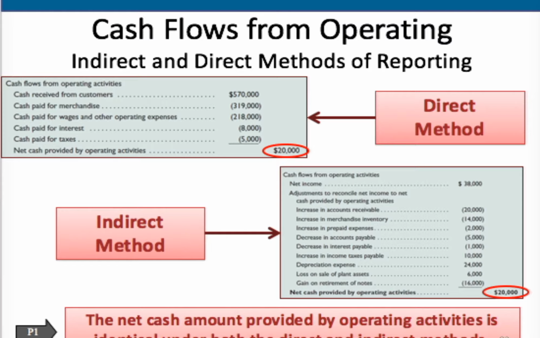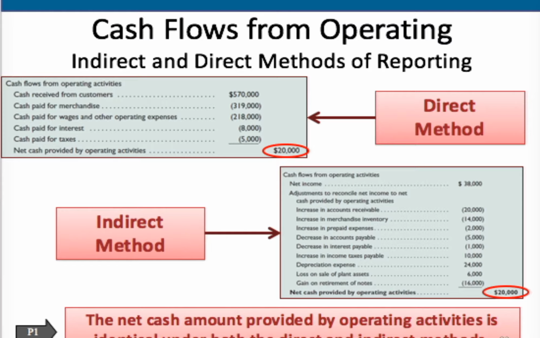The indirect method reports net income and then adjusts it for items necessary to obtain net cash provided or used by operating activities. It does not report individual items of cash inflows and outflows from operating activities. Instead, the indirect method reports the necessary adjustments to reconcile net income to net cash provided or used by operating activities.